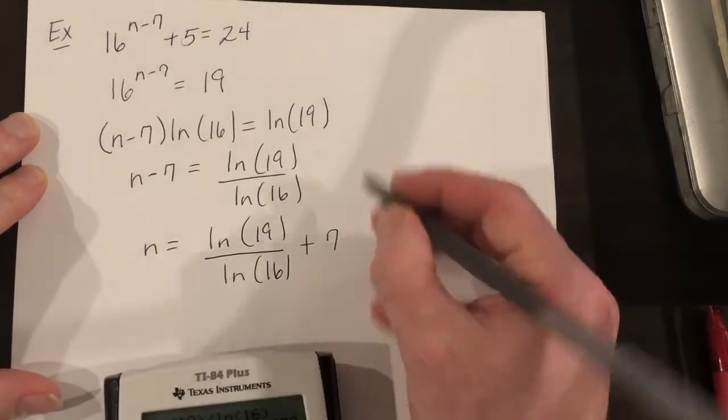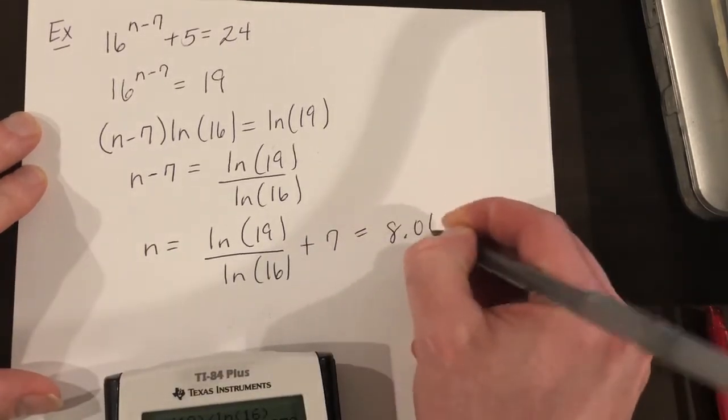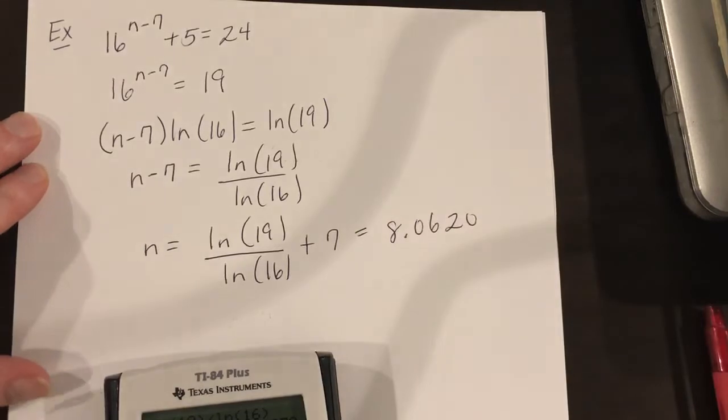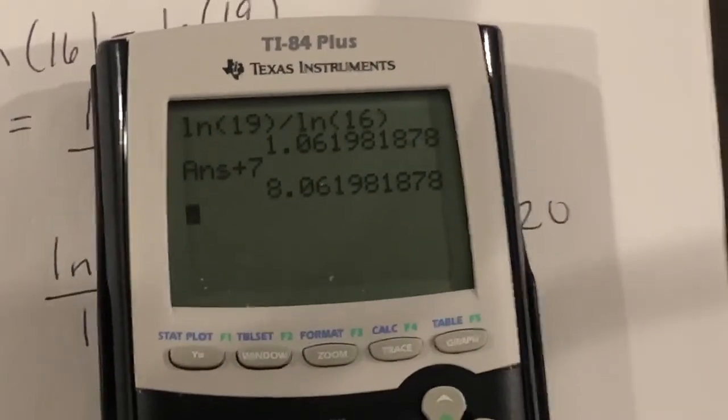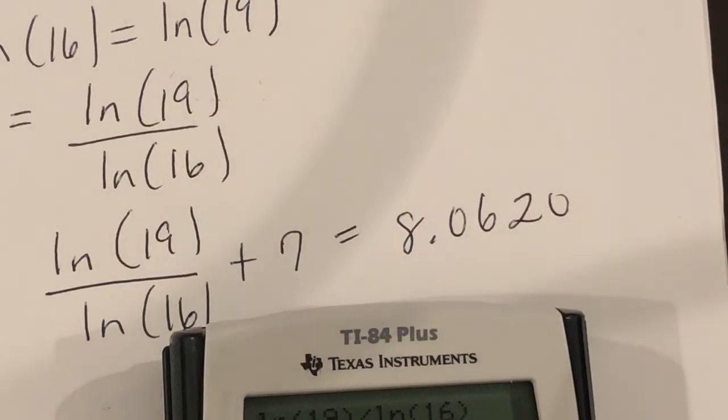And I got 8.0620 for my final answer. If I want to zoom in on that, sorry, my arm keeps wobbling a little bit once I change something. So that's how we get that answer.